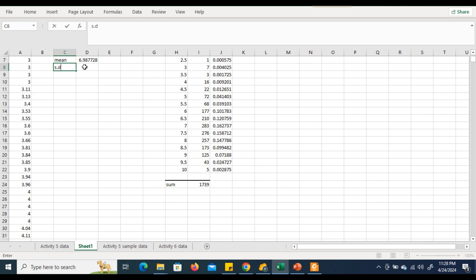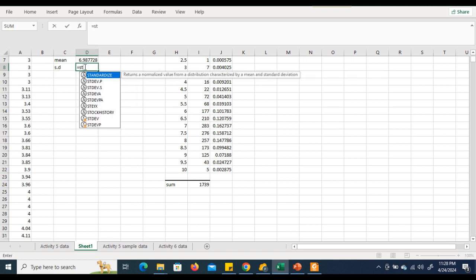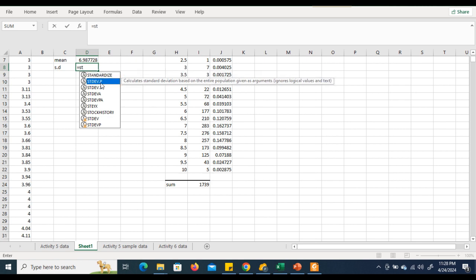So standard deviation, this is equal to STDEV. Now in standard deviation we have two formulas. One is STDEV.P. This formula is used for the standard deviation of a population, right? And if we use STDEV.S, it is based on the sample only, okay.